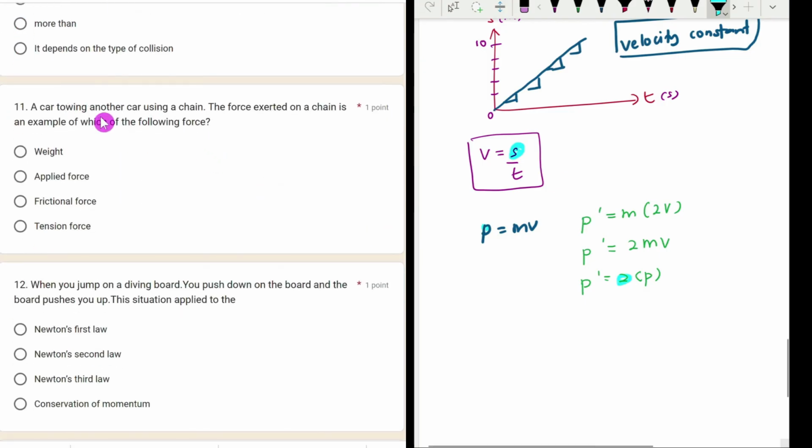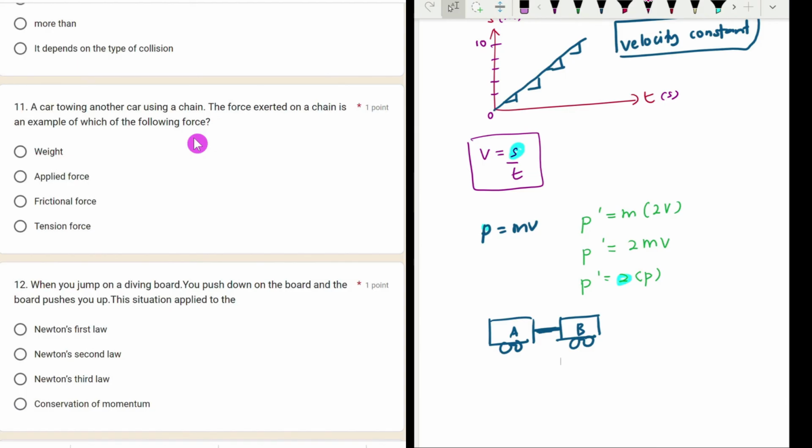A car towing another car using a chain. Alright, okay, look at here. We have 2 cars. Okay, car A, this is the chain, and car B. The force exerted on a chain is an example of which of the following force?